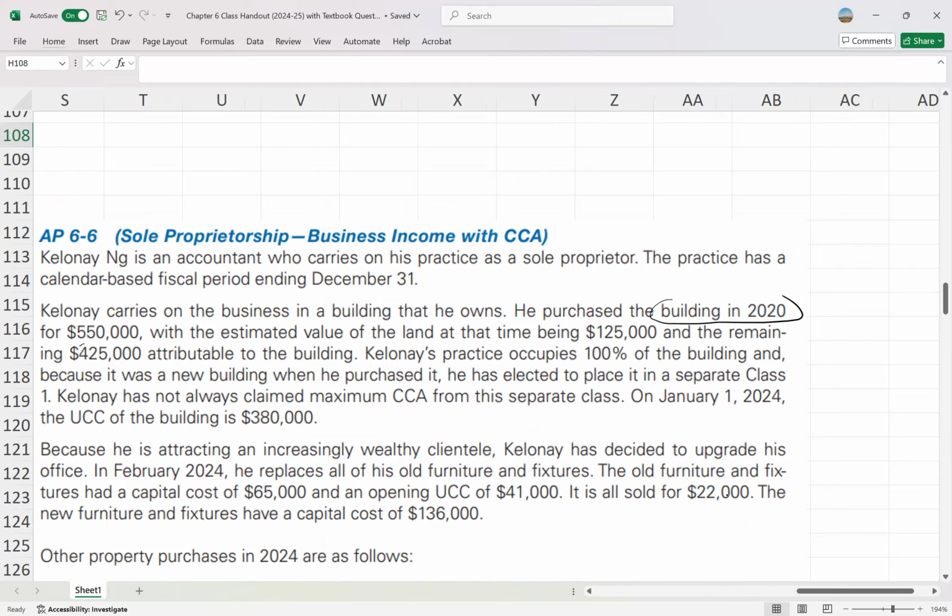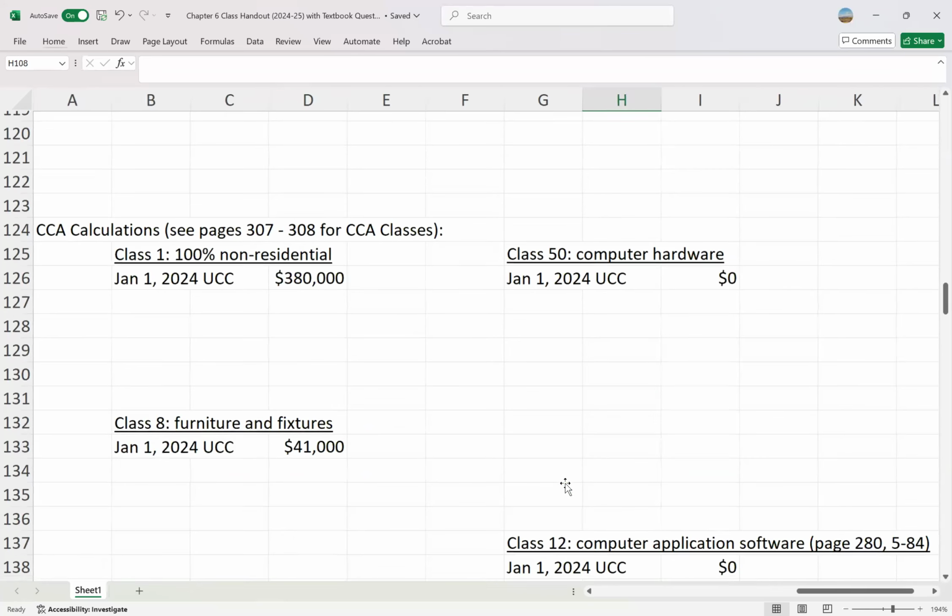The 425,000 was attributable to the cost of the building. So he took CCA on the building as added to class 1. And at the beginning of this year, the UCC is 380,000. So if you notice on this side here, I've already set that up.